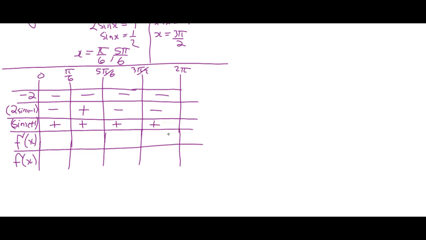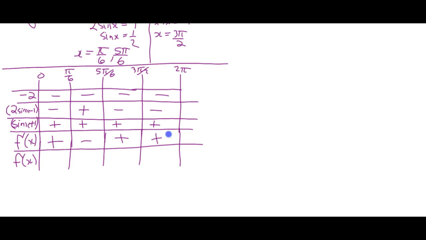Okay, so we figure out in each interval the sign of 2 sine x minus 1 and sine x plus 1, which will give us, with the 2 negatives and a positive, positive, negative, positive, and positive. Well, that's a little interesting, right? Because we haven't run into that before. Before, it's up and then it's down.